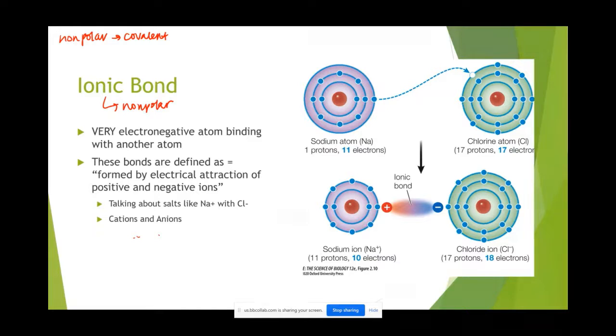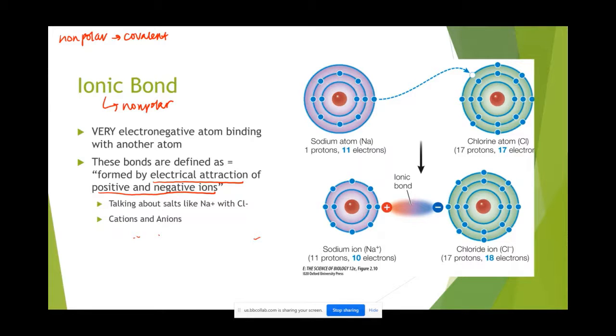But here, it's telling you there's an electrical attraction between positive and negative ions. You see what I'm talking about? So nonpolar and polar fall under covalent bonds, and ionic bonds are more electrical attractions to each other. Exactly. You got it. I'm glad you caught it.